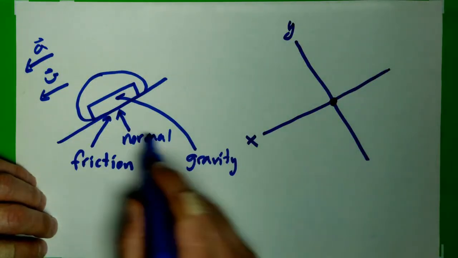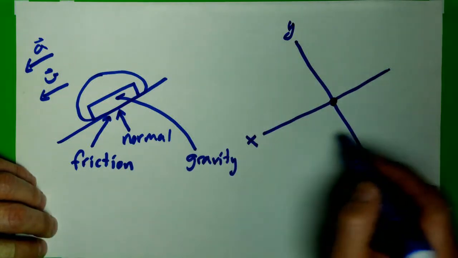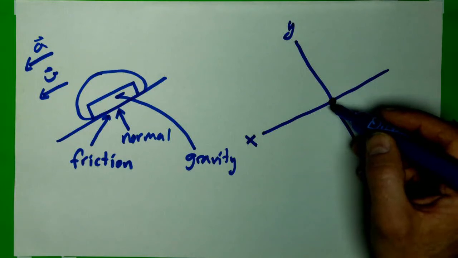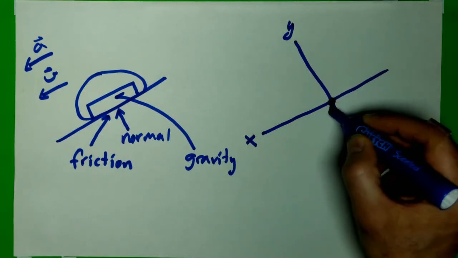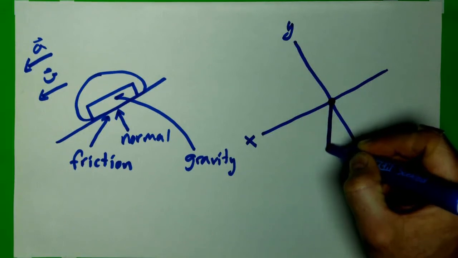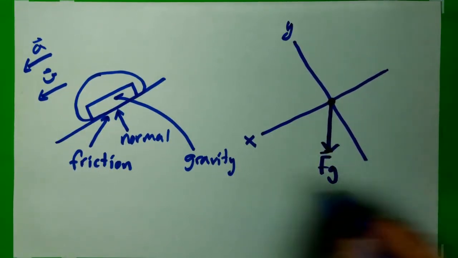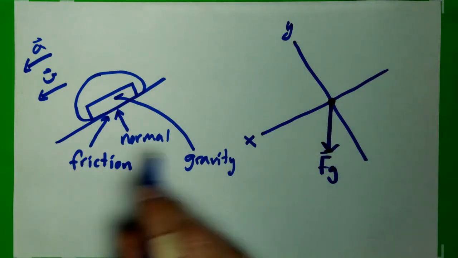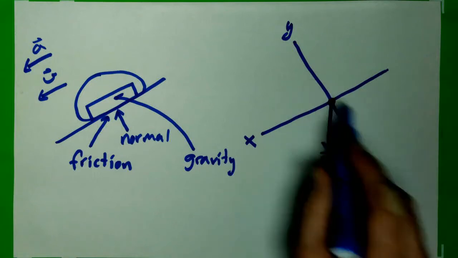Okay, now I've got to get these three forces on that free body diagram. So, one I know is gravity, and gravity always, always, always points straight down. So I'm going to draw gravity down like this, labeled F sub g. Okay. And before I do the other two, I want to break this into its components along my coordinate system.